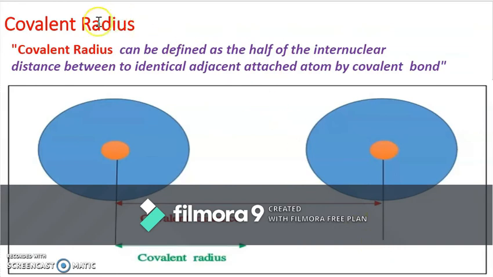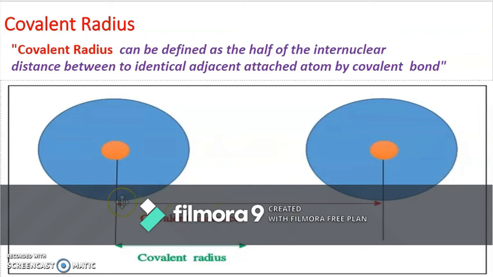So next is the covalent radius. Simply, covalent radius can be defined as half of the internuclear distance between two identical adjacent atoms bonded by a covalent bond. Here the diagram shows one atom and another atom bonded through a covalent bond.